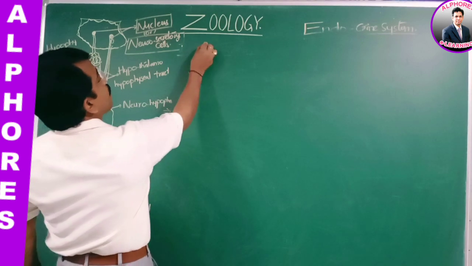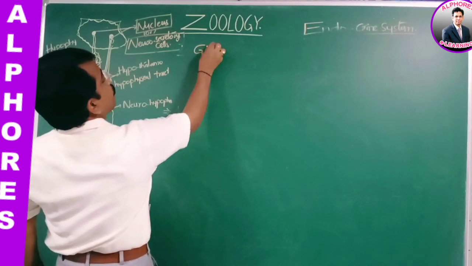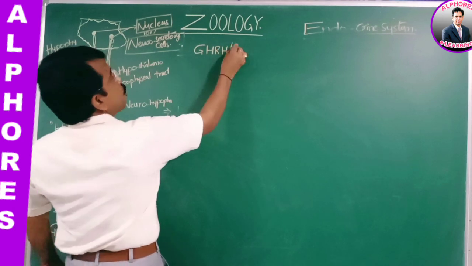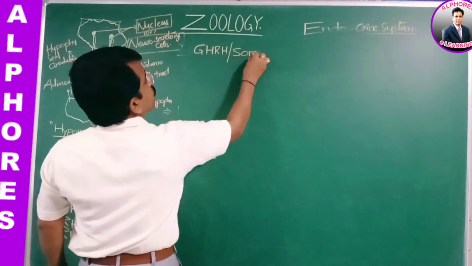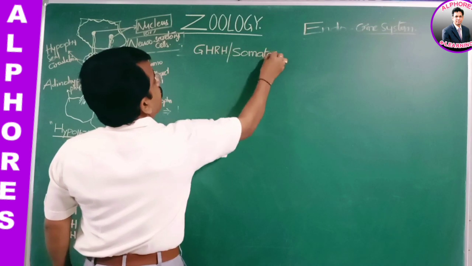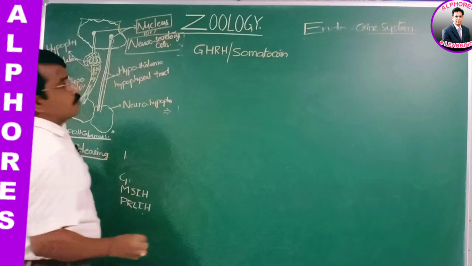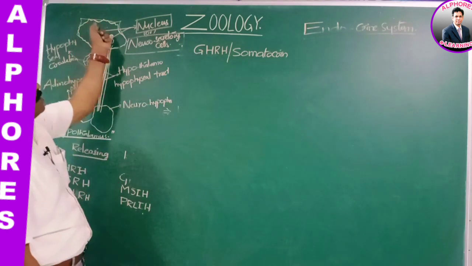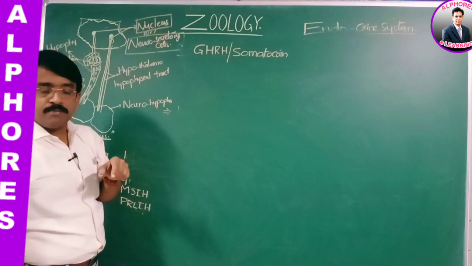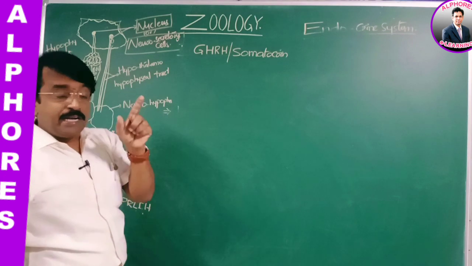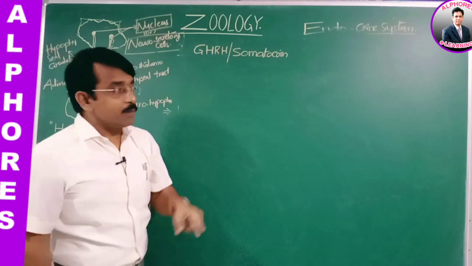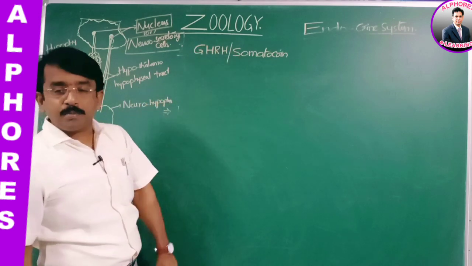The releasing hormones include growth hormone releasing hormone, also said to be somatocrinin. This hormone is synthesized in the nucleus of the hypothalamus and reaches the adenohypophysis and stimulates the release of the growth hormone.